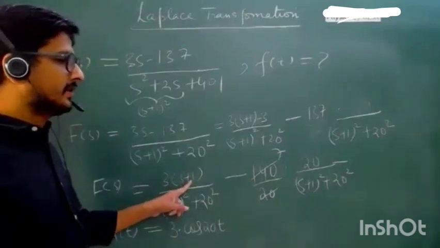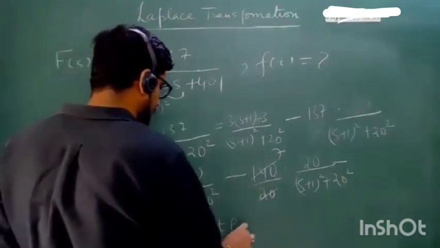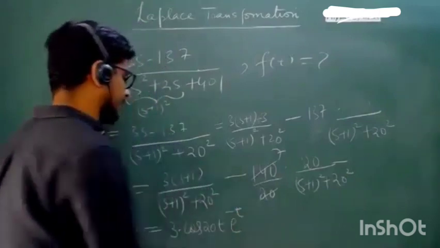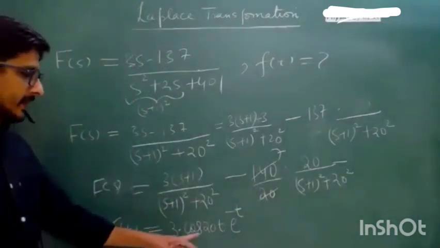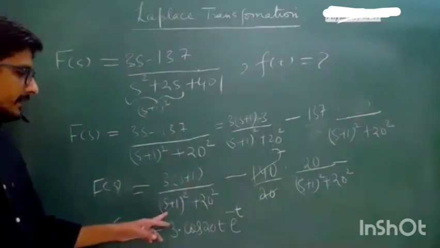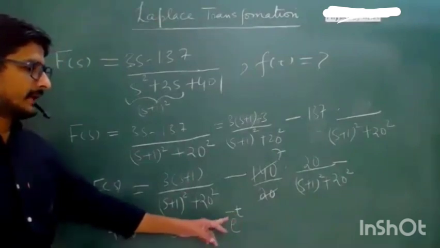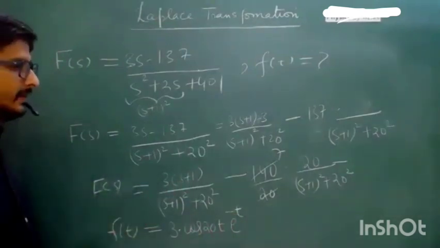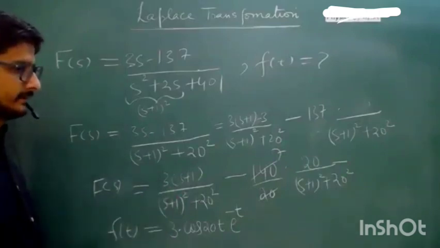Then there is a shifting of 1, so e to the power minus t. Now see, cos is s upon s square plus 20 square, and if it is shifting e to the power minus t, then a shifting of minus 1 will happen. It will become s plus 1. Got it?